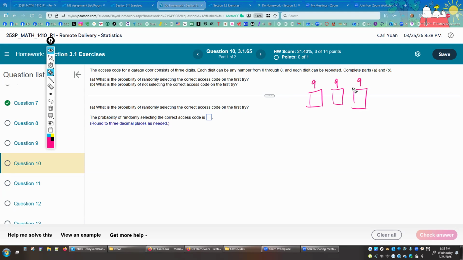So what's the probability of randomly selecting the correct access code on the first try? So we're trying to guess the code. This would be 9 times 9 times 9. We want to find out how many codes there are altogether.